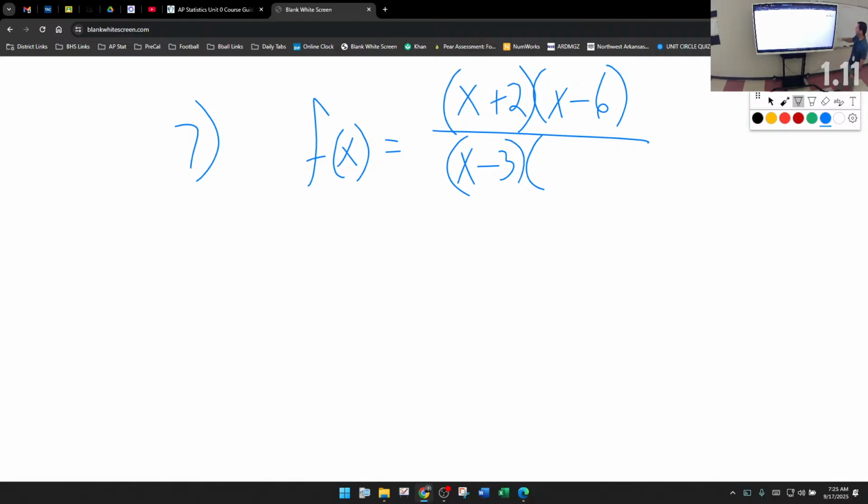Mm-hmm. Okay. And guys, understand this too: you can make these things absolutely brutal. I mean, you can make rational functions awful. You could have 6 vertical asymptotes. No way would we ever get to something like that. I think the max we will see is 2, because if you understand 2, then you understand 6.